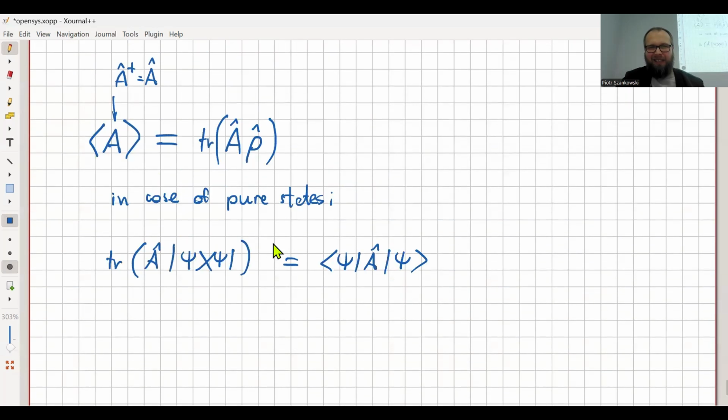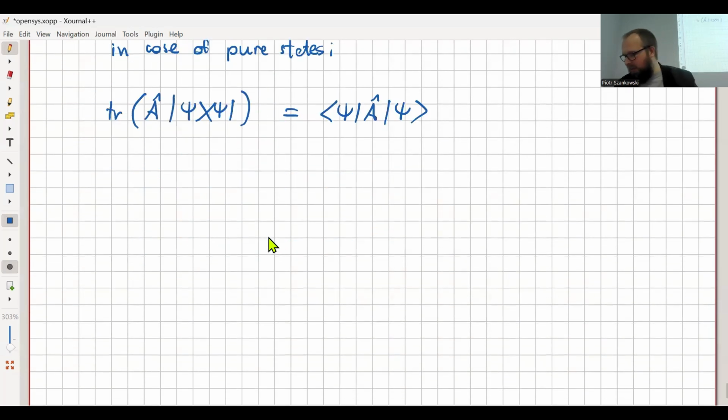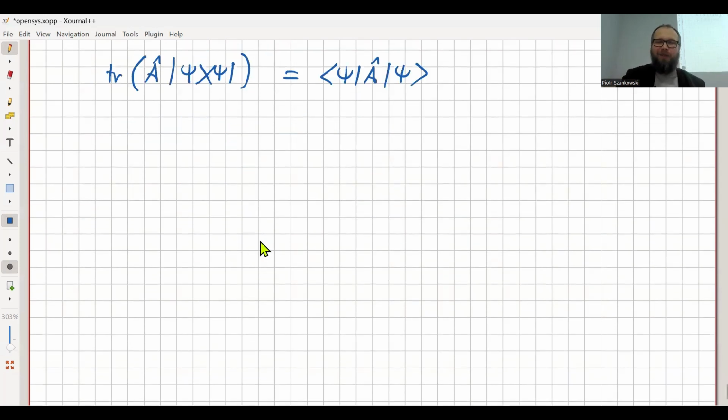So this is this rule. Another rule that will be important for us is how you evolve states represented with density matrices in time, right? That's the key point for us.